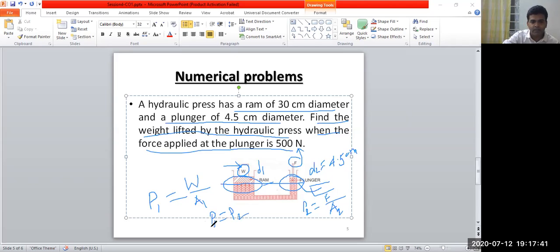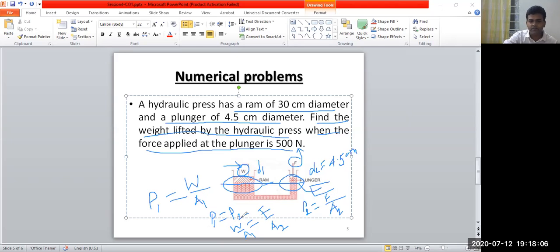The P1 component is W upon A1, and the P2 component is F upon A2. So here A1 is known, A2 is known, F is known, only W is unknown.